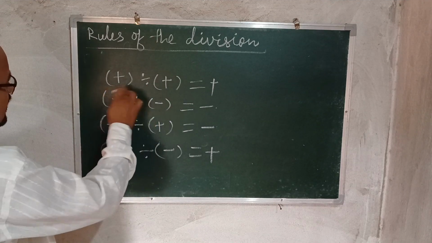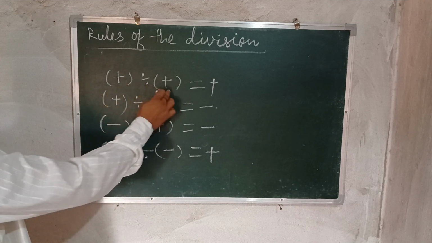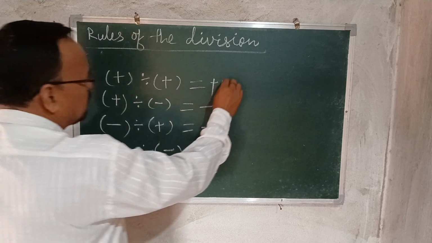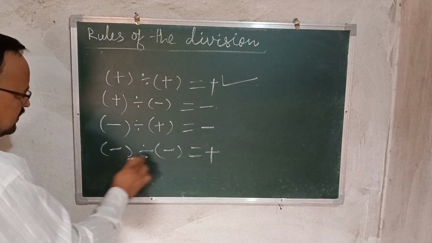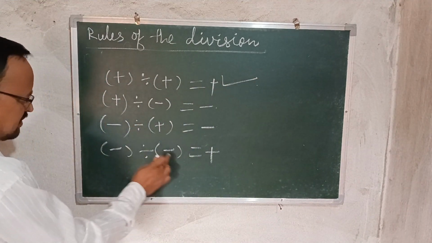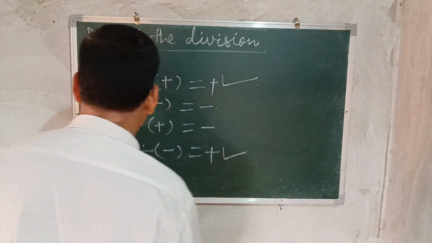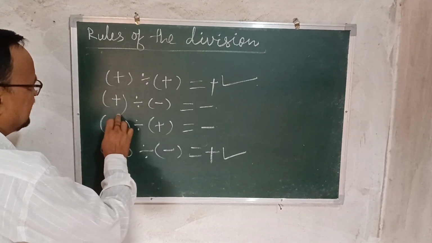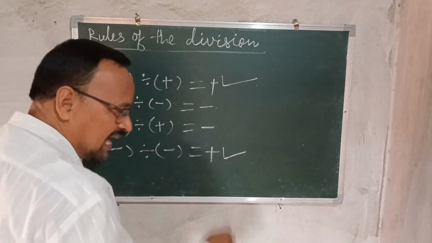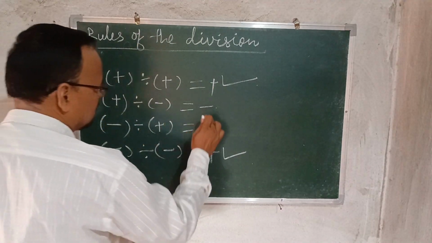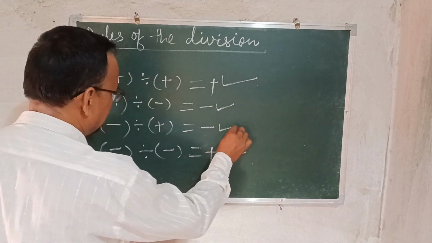When two signs are the same, like signs, we get plus. And minus and minus are also like signs, so we get plus. But when the signs are different, that means unlike signs, we get minus.